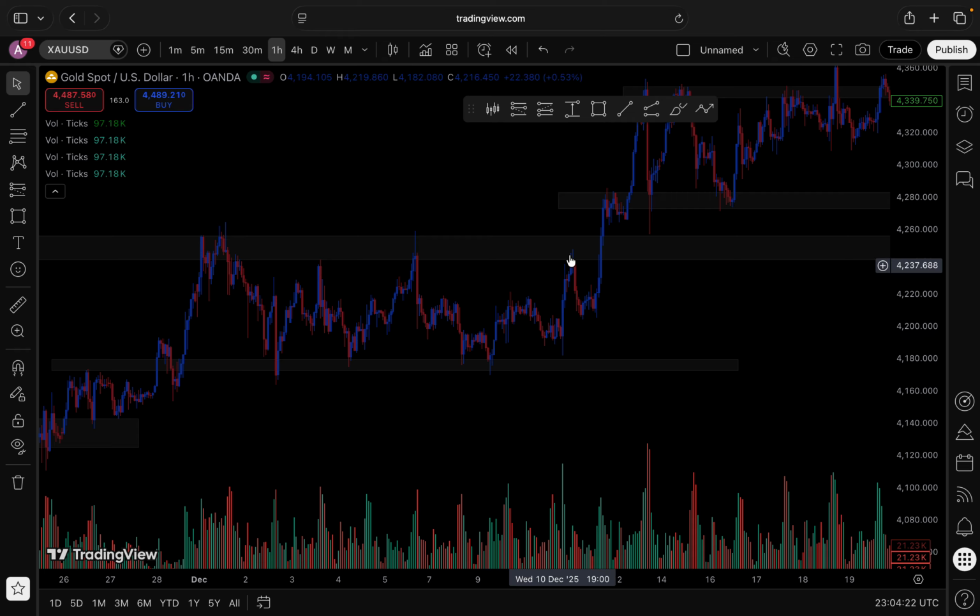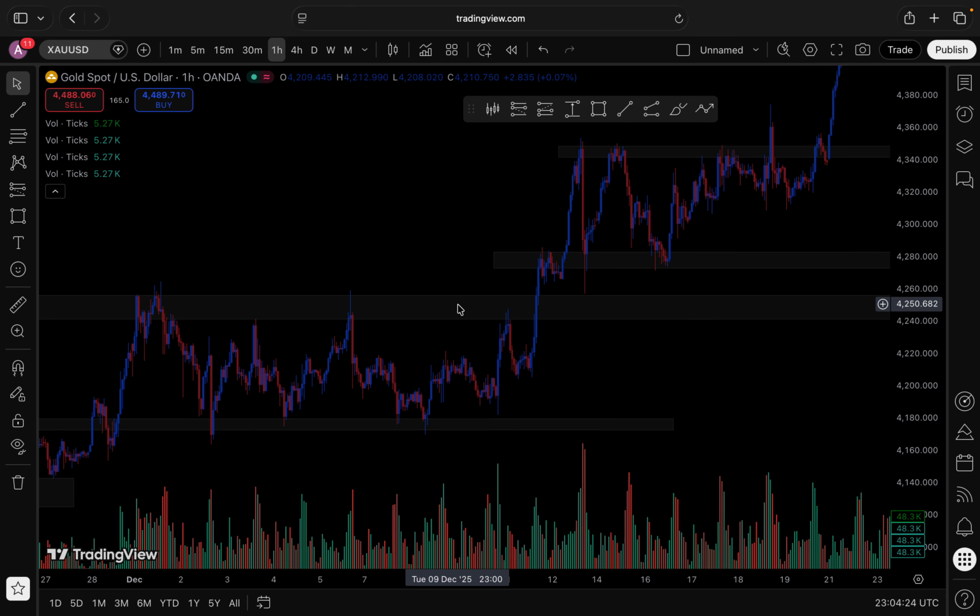Then price starts showing you some structure, and you see it break out of this level of sellers. Anytime price breaks a level of sellers or level of buyers, it's usually going to use that level that it broke out of as another level of who broke that level and who's in control. Don't overthink it.